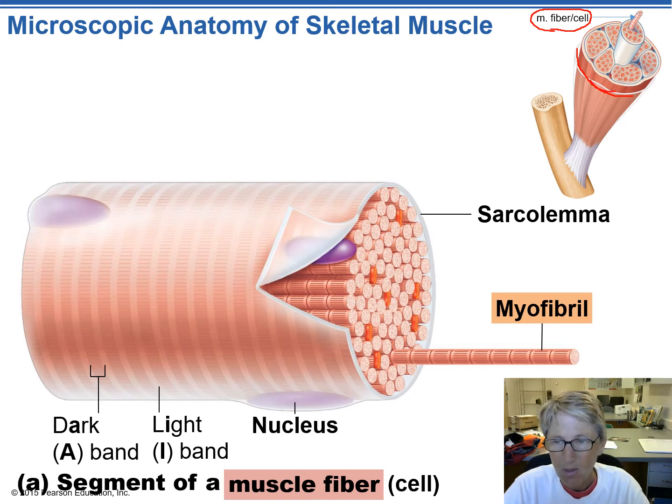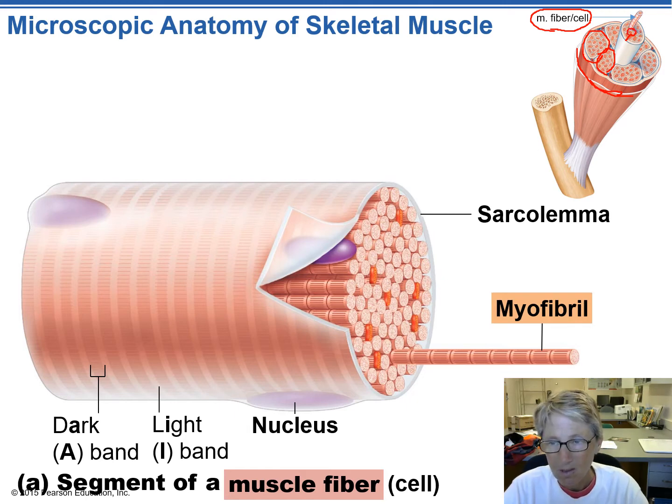On the outside is the epimysium, and then the mysium that surrounds each one of these fascicles is called the perimysium.